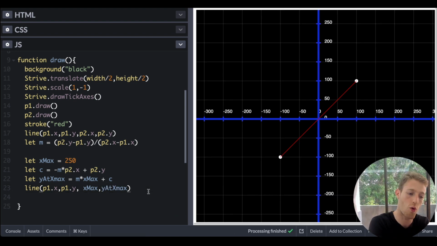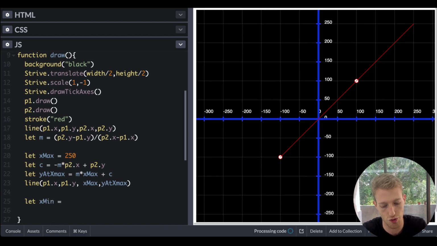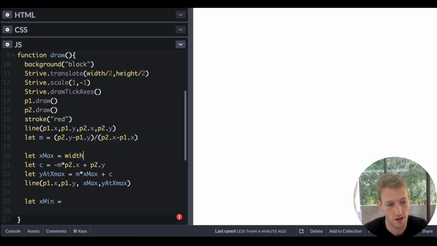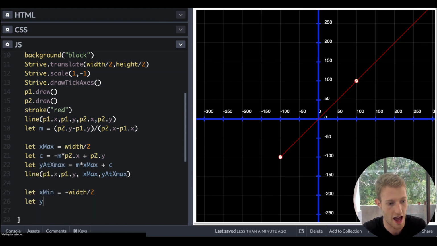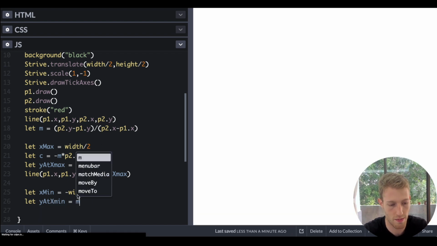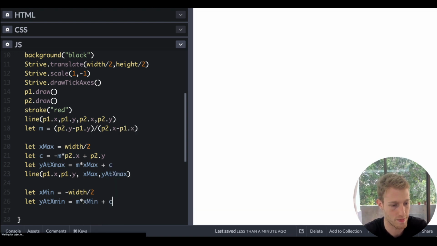And now if I'm wanting it to go all the way to the end, I could do let x min is equal to, oh wait, x max is equal to width over 2, as we defined, and x min is equal to negative width over 2. And then let y at x min is equal to m times x min plus c.